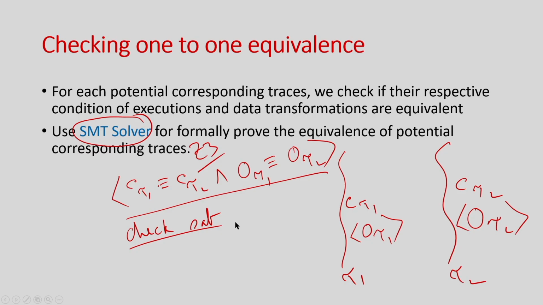It will check this and try to find an input for which this formula is true, right. So, now the problem here is that it just returns one input value for which this formula is true. Okay. So, as a result you are not actually formally proving the equivalence, right. It just says for this input this formula is satisfiable or true, right.